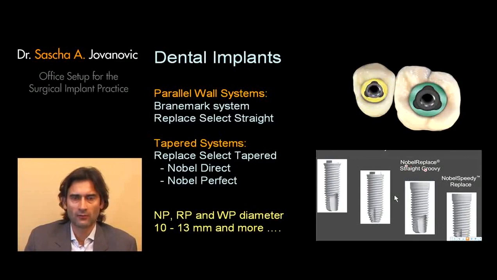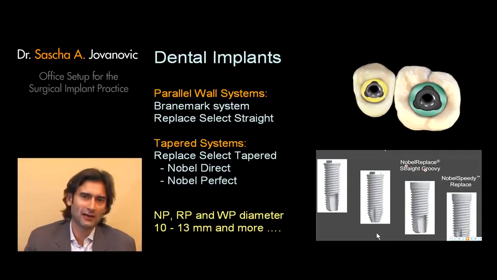One thing I don't do so much is what we call today utilizing the narrow platform implant. We don't do the narrow platform implant for narrow ridges in any other areas than where the narrow implant is really meant to be.